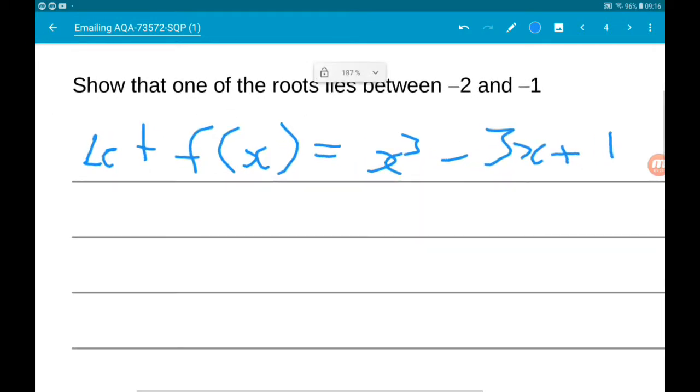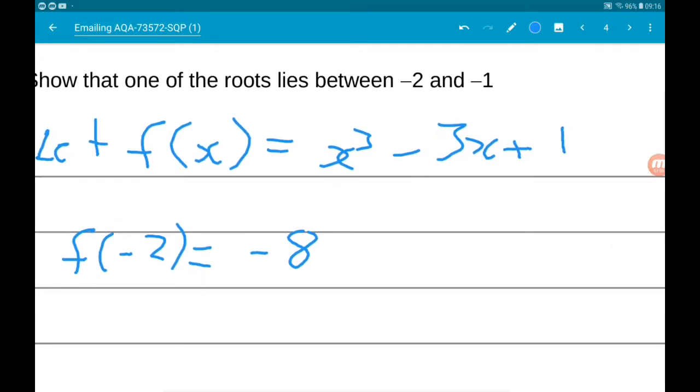So f of minus 2 is equal to, well, minus 2 cubed is minus 8. Minus 3 lots of minus 2 is add 6, add 1. So we got minus 8, add 7, which is minus 1.